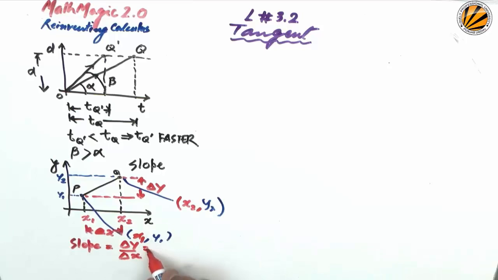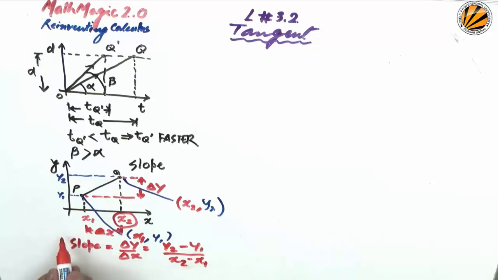For this particular case, y2 is the second point, that is the Q point, so y2 minus y1, divided by x2 minus x1, because x2 is the later point. This is going to be very, very important in terms of rate of change.